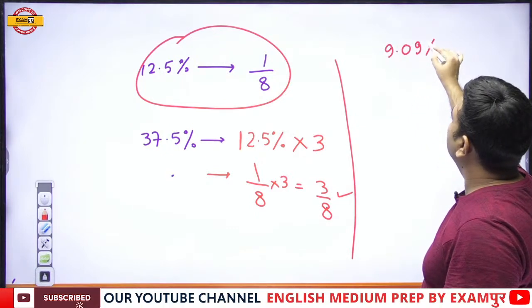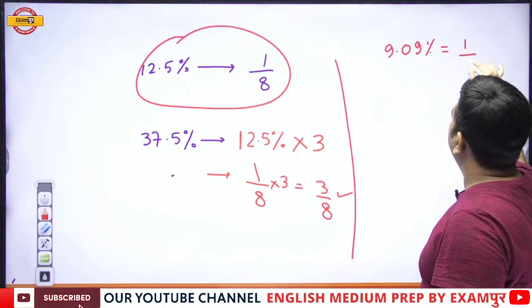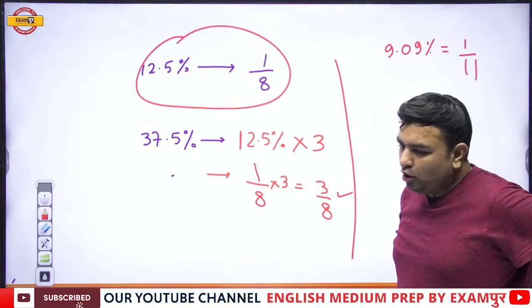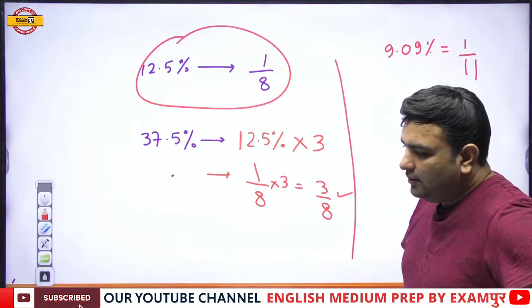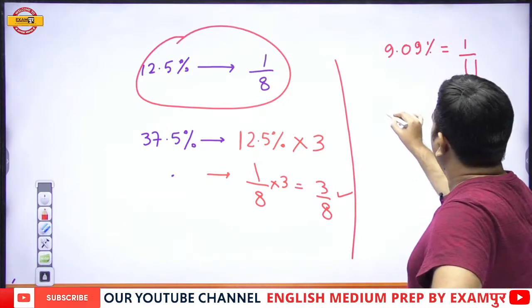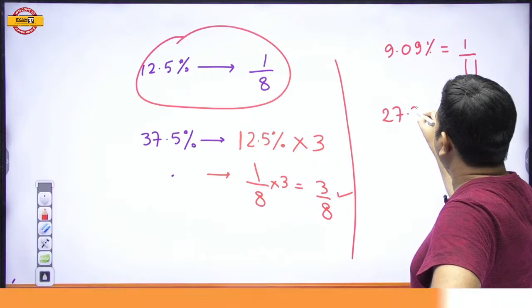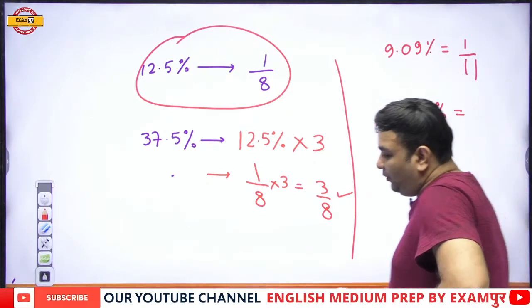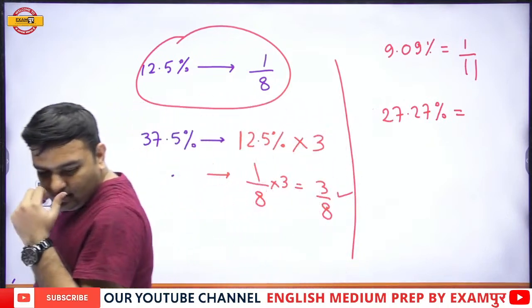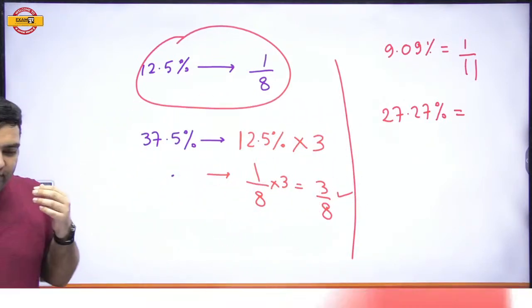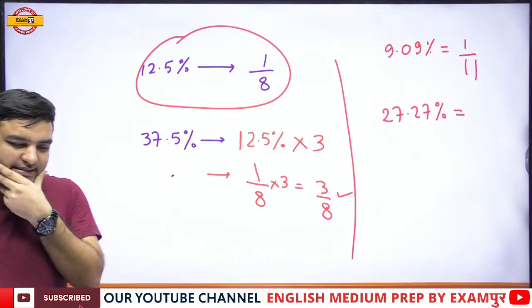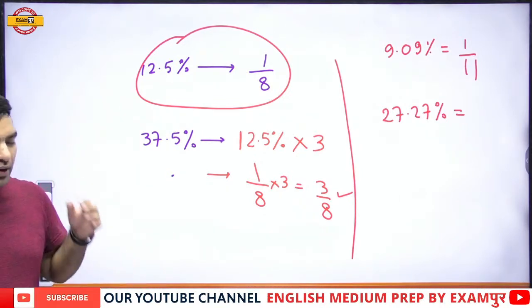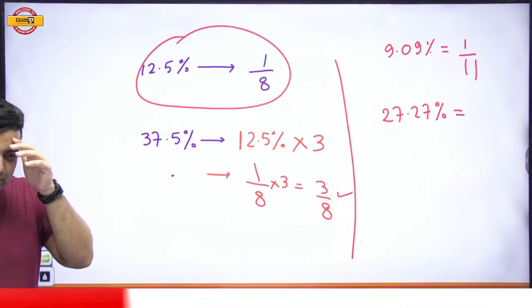9.09% was 1 by 11. What is going to be 27.27%? Now I will make the examples with the help of these as well. If 9.09% is 1 by 11, what is 27.27%?